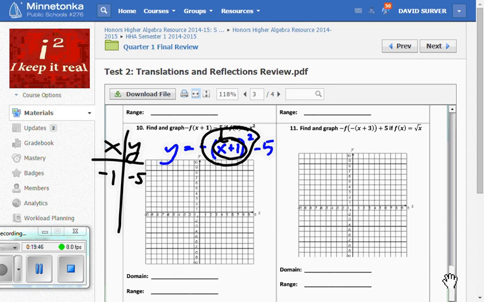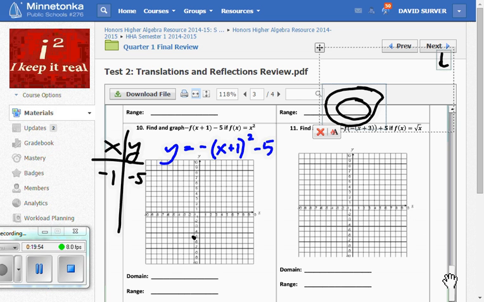Now I want you to think for just a second about how this equation, the blue one, has got the vertex in it. Remember, we just learned that. That's vertex form. The vertex is -1, -5. So there it is. And I know that's the vertex.